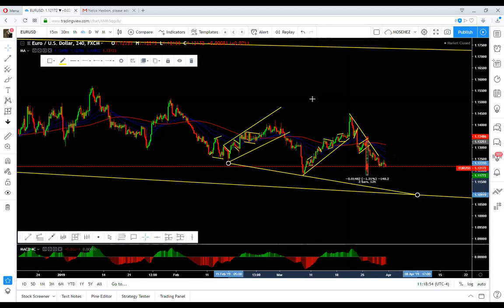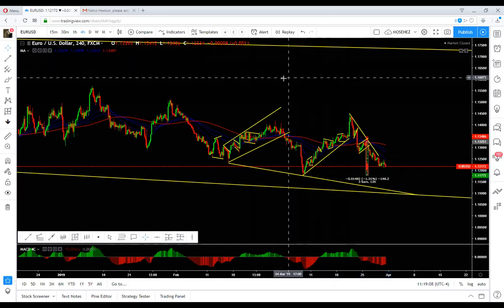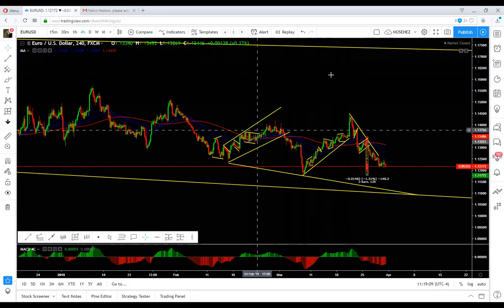Basically, if you take the Euro USD sell and also sell the USD chief, what happens? Those two particular pairs are negatively correlated. When the Euro USD is going up, the USD chief is going down.